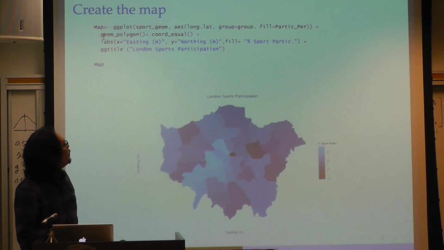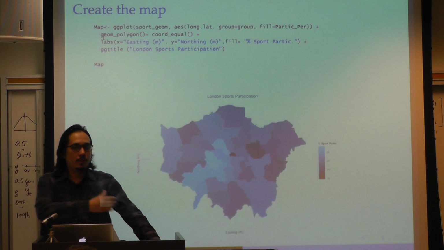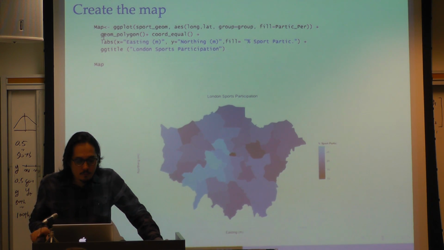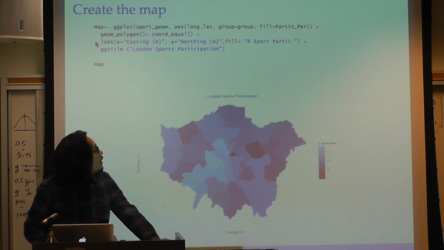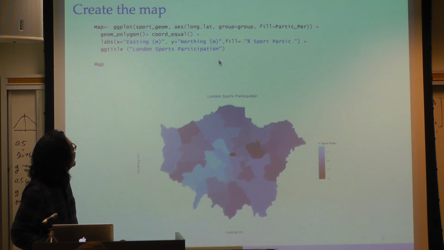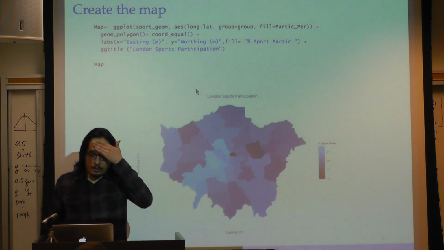The geom polygon specifies to ggplot that you want this to be a polygon figure. And then you can add the labels here, like the eastern coordinates, northern coordinates, and the label for the fill values, which here is the percentage of sports participation, and the title of the map.